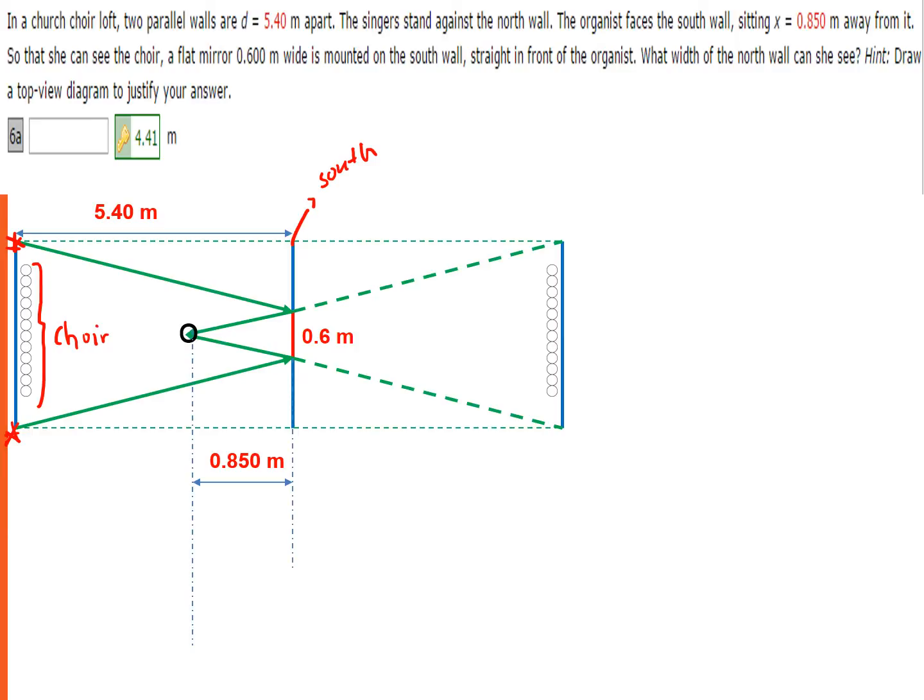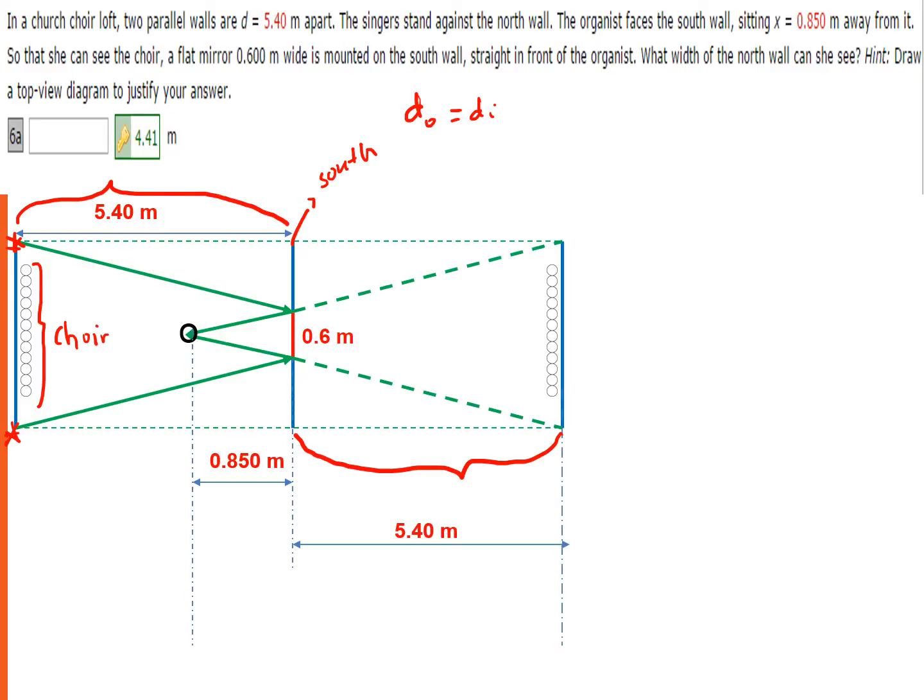From this illustration, we will be able to deduce the following. Remember that the distance of the object is equal to the distance of the image. Since the object is 5.40 meters away from the mirror, the distance of the image would also be 5.40 meters.